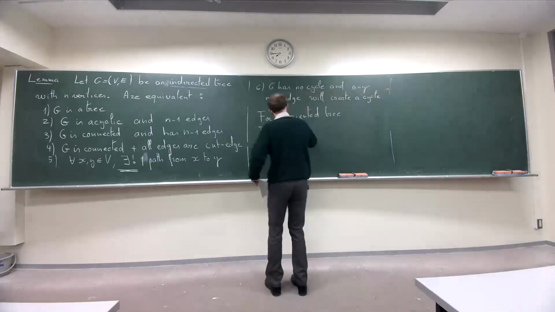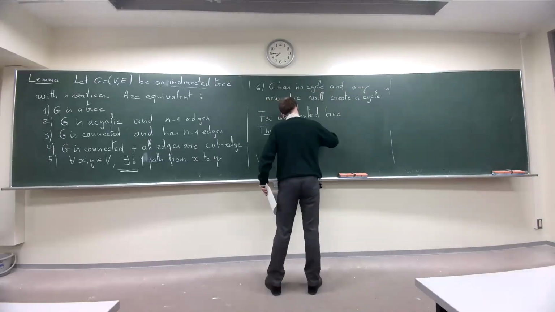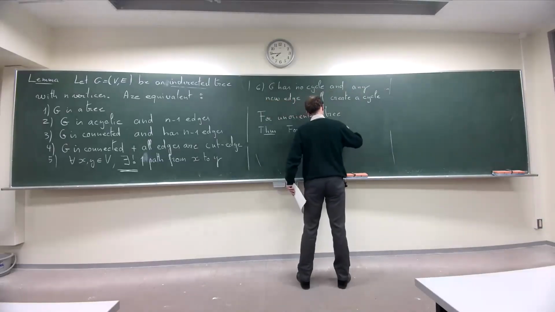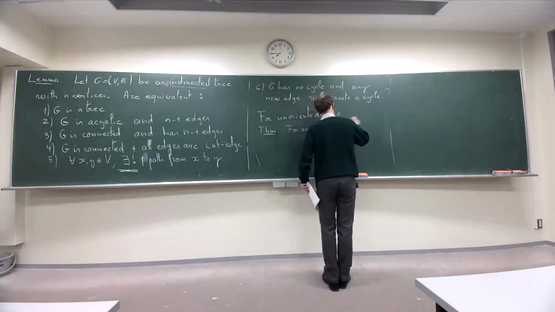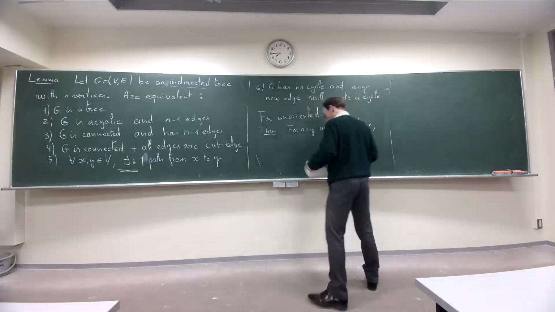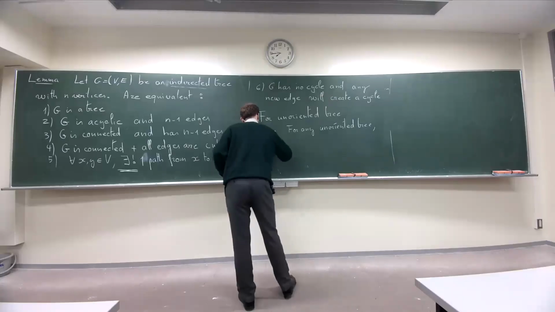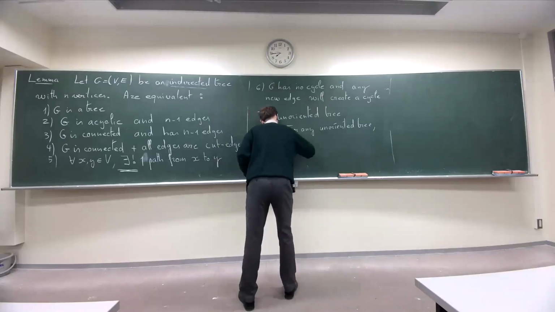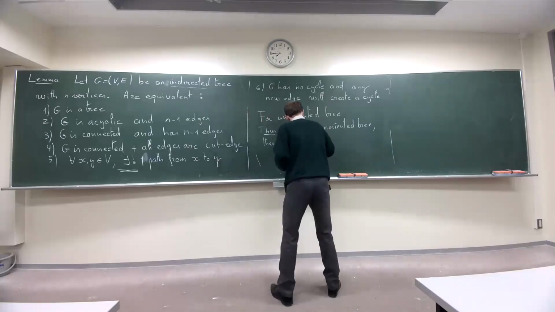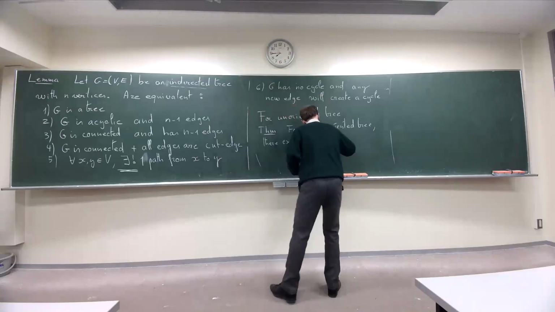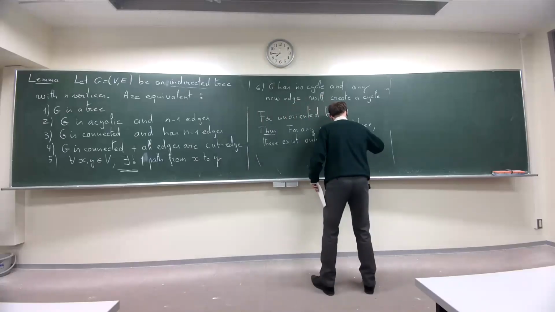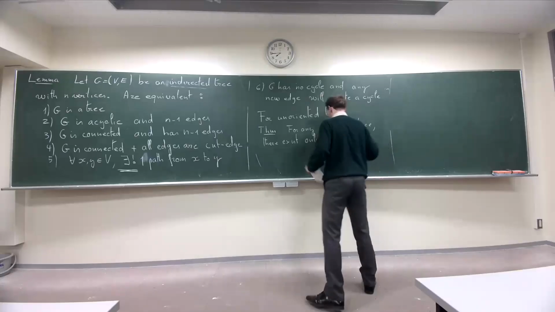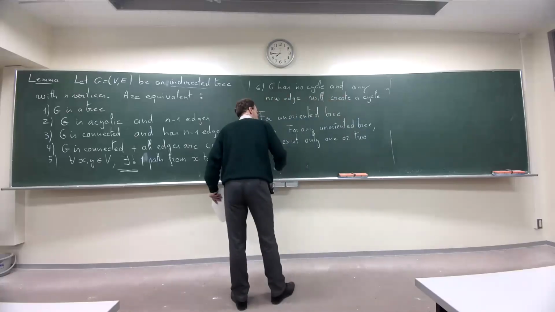So for any unoriented tree, there exists only 1 or 2 central vertices.